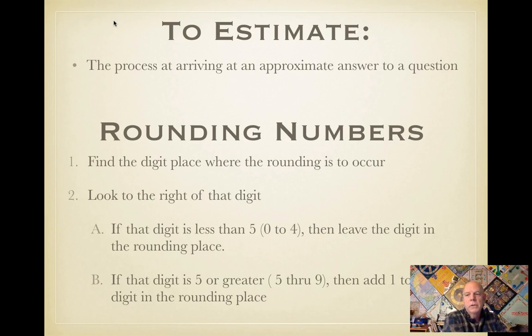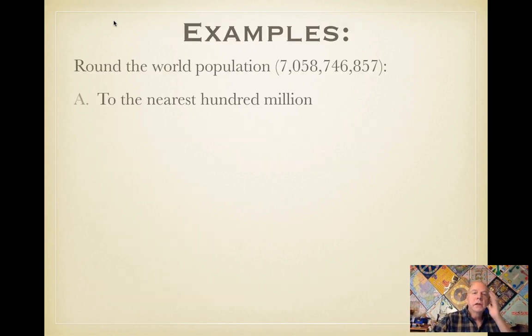If that digit is less than 5, in other words 0 to 4, then leave the digit alone, the one that we're talking about rounding. If the digit to the right is 5 or greater, then you would add 1, or round up, the digit that we're talking about originally. Those are the rules right there. So let's look at an example.